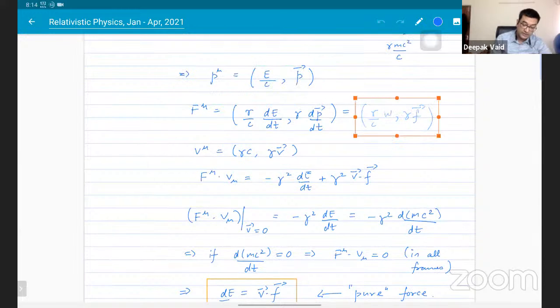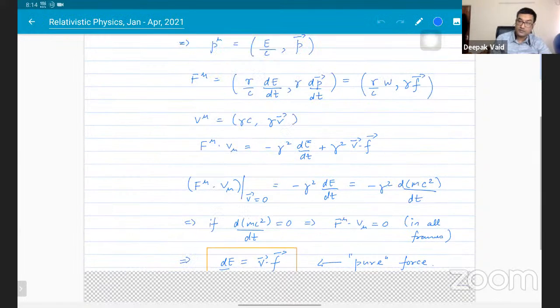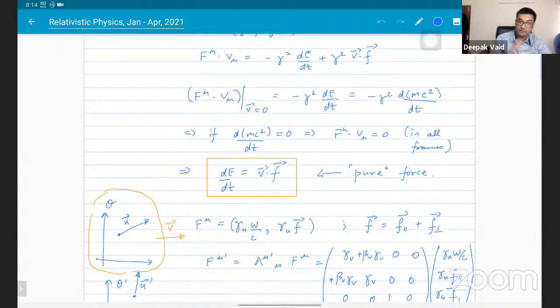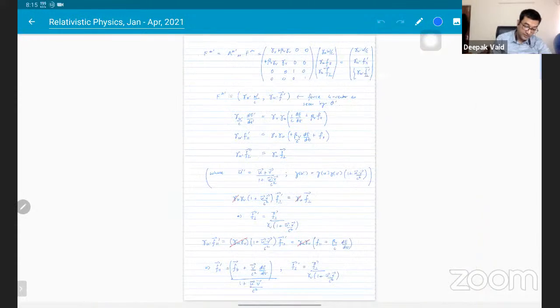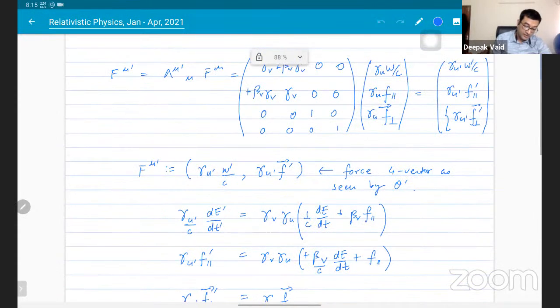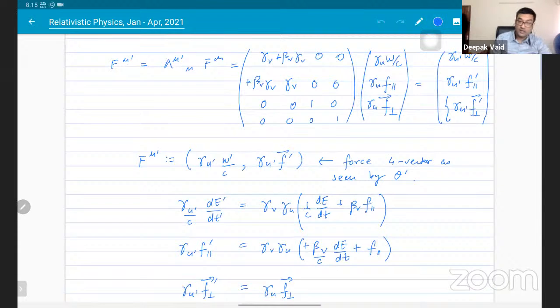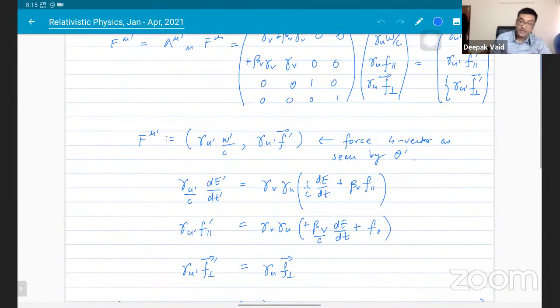Now, since this is a proper four vector, it will transform under Lorentz transformations in this way. And that means that we can understand how the individual components of the force transform, right?